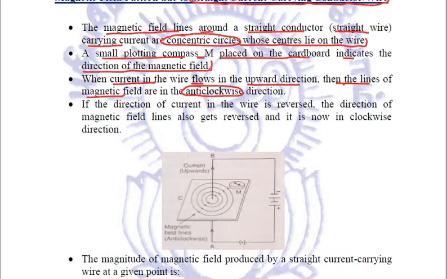And if the direction of current in the wire is reversed, that means now the current is flowing in the downward direction in the wire, then the direction of magnetic field lines will also get reversed. Now they will be in clockwise direction.